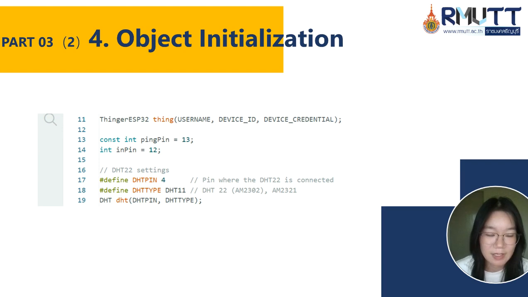The scene object is the core instance for connecting to SinoPoint View, and the DHT object is responsible for connecting with the temperature and humidity sensor. The initialization parameters of these objects correspond to the macros specified previously.